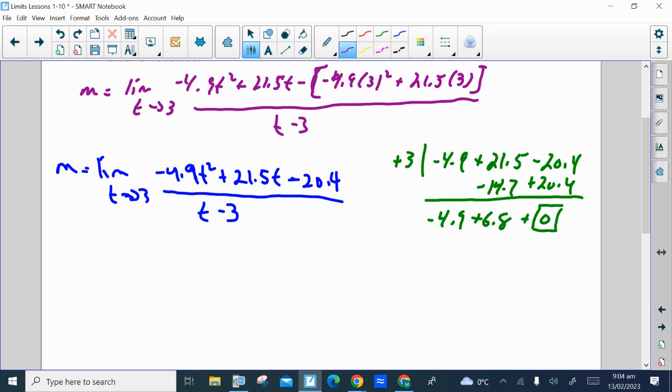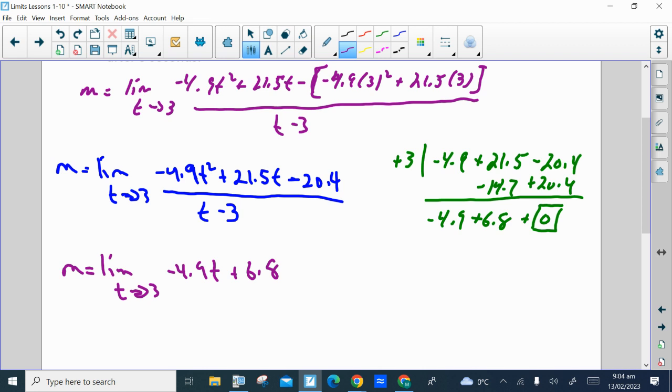So, back up to the equation. This will now be the limit as t approaches 3. When you divided that out, you got negative 4.9t plus 6.8. Right? You divided a quadratic, a t squared, by a t. That gives you a degree 1 answer. That's why it's negative 4.9t plus 6.8.